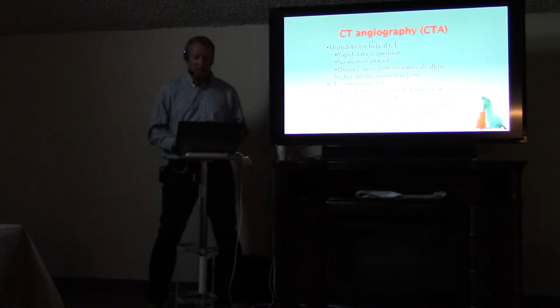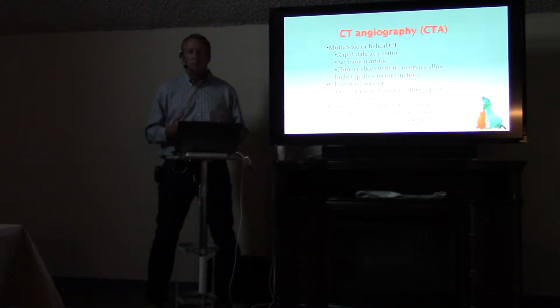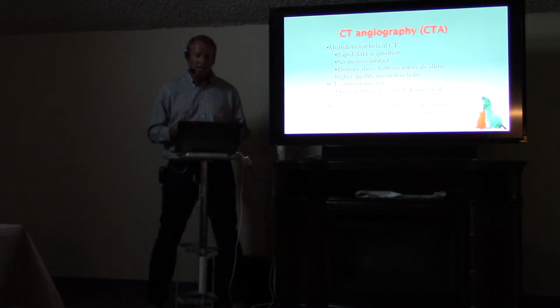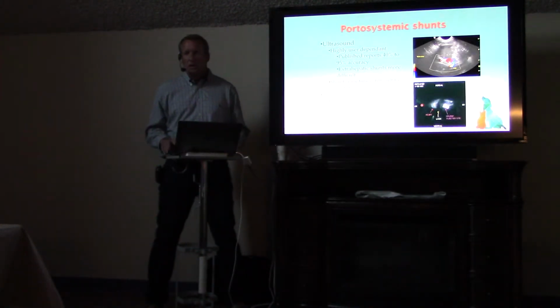I shouldn't say the most common, I guess. Most of these are not done very frequently, but these are the types of studies that we would do CT angiography on.